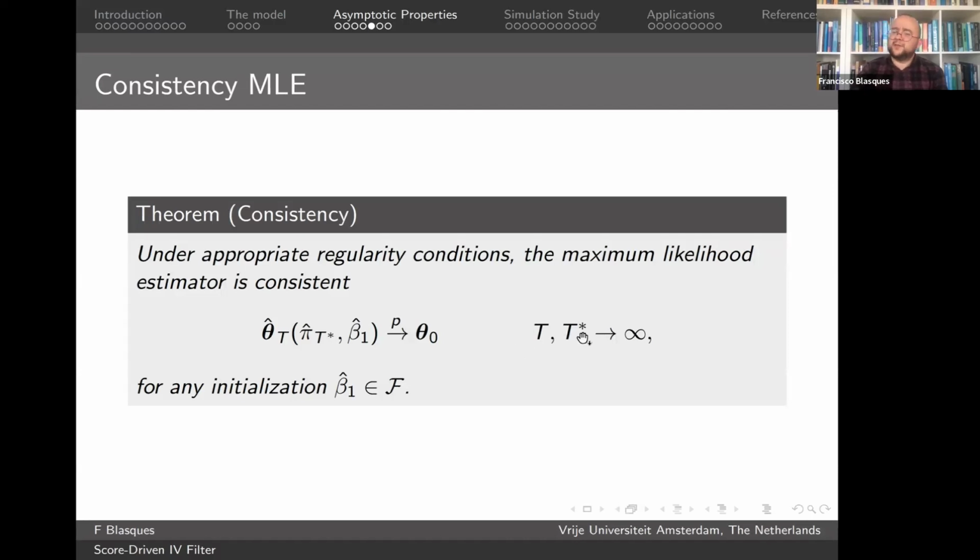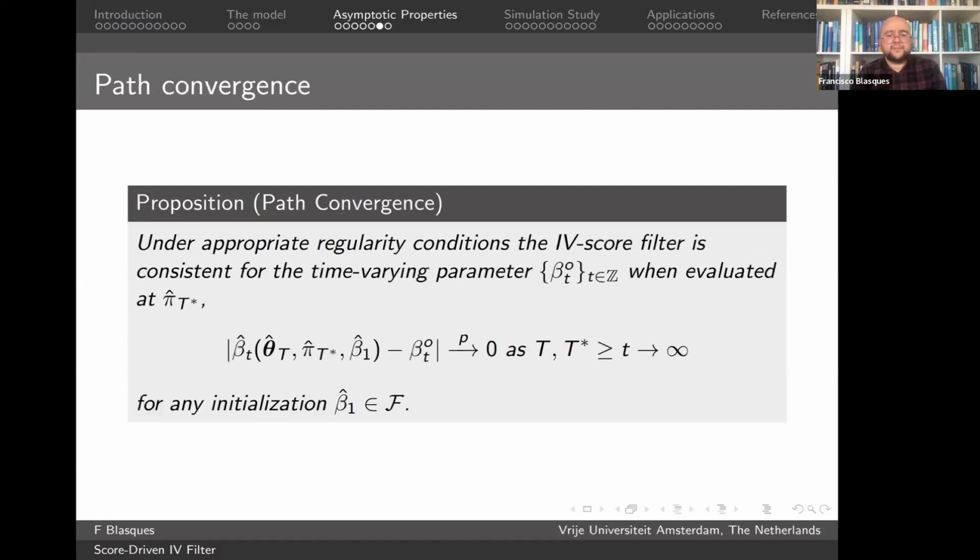And here t is the sample size. T star is just the sample size that we use to estimate pi, but in most applications it would be the same. Once we get consistency of the MLE, one can then also show that you get consistency of the filtered path, the beta t that we're trying to filter in the first place, right?